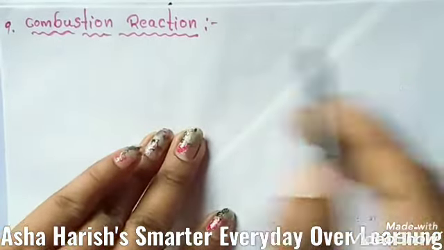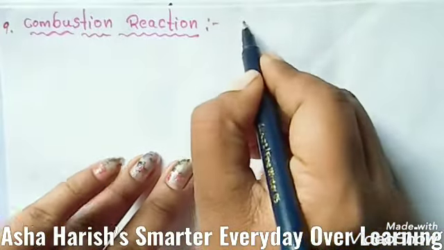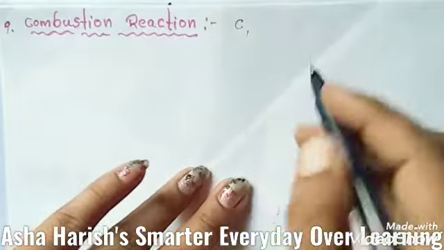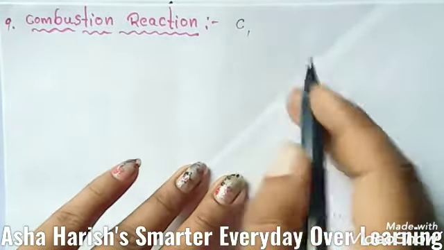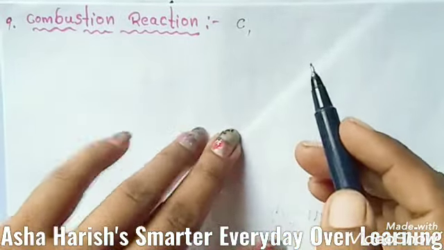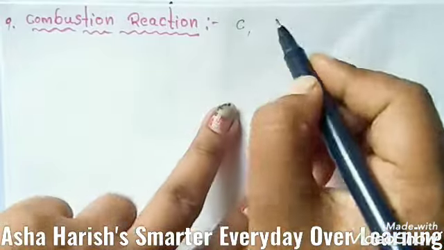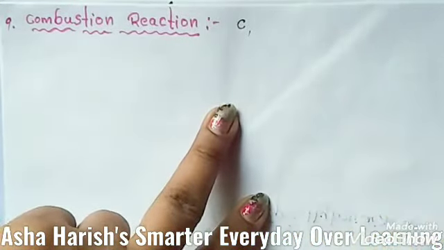This combustion reaction is a burning process, as I told you, and most probably of carbon. In your 10th standard in CBSE and state also, we had studied these carbon and its compounds. In this, the combustion reaction was there briefly. We can recall what we had learnt in our previous class.